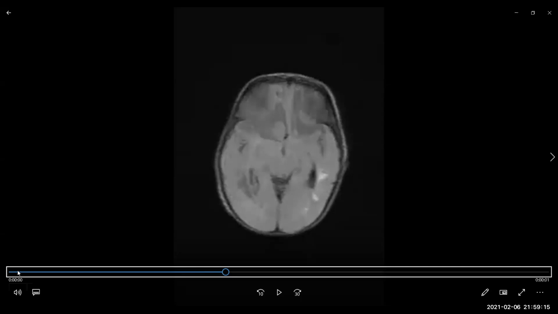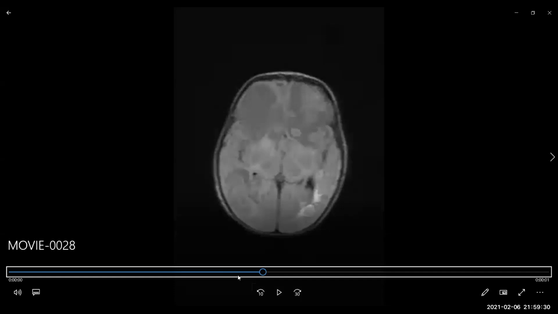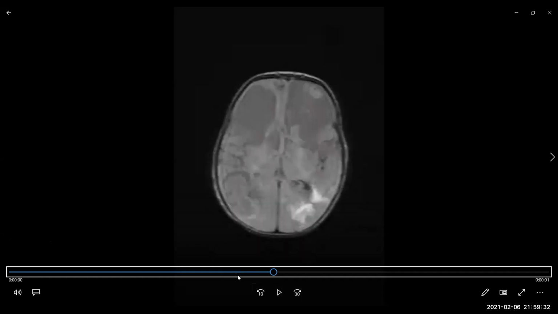I can see there is periventricular T1 hyperintensity around the left lateral ventricle, the posterior part of the lateral ventricle, and also a diffuse T1 hypointensity with loss of cortical and subcortical, gray white matter differentiation at the anterior part of the frontal lobes, also involving the basal ganglia.